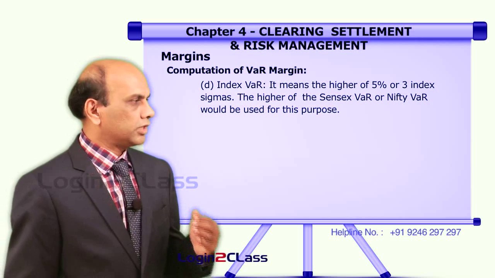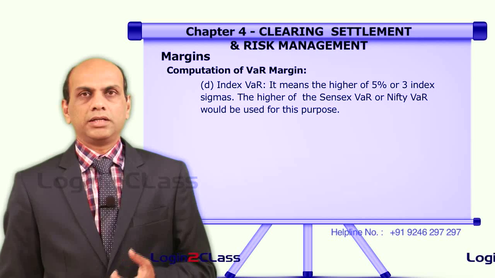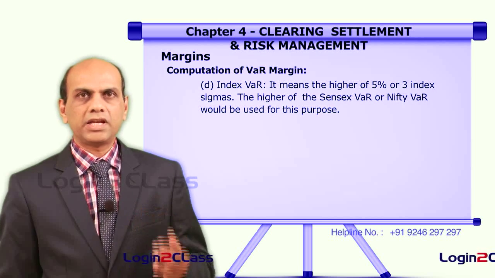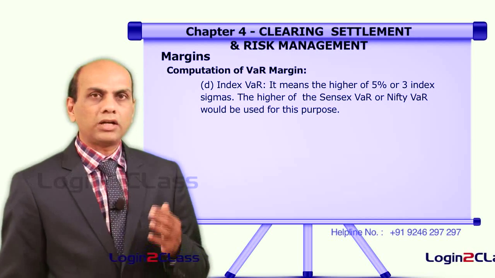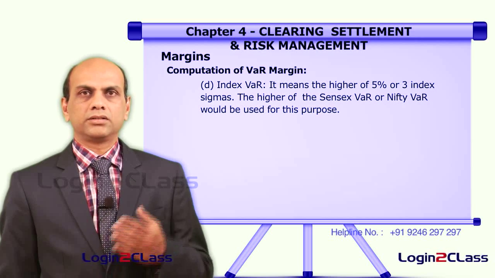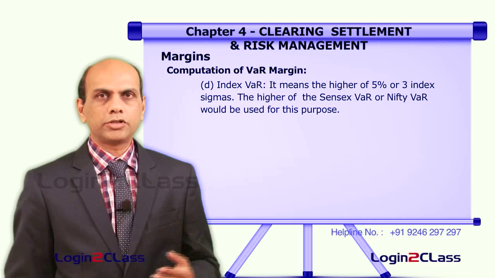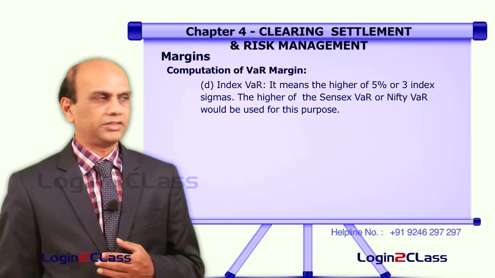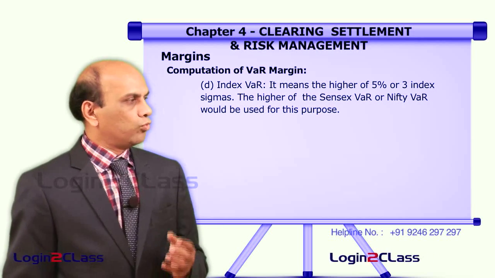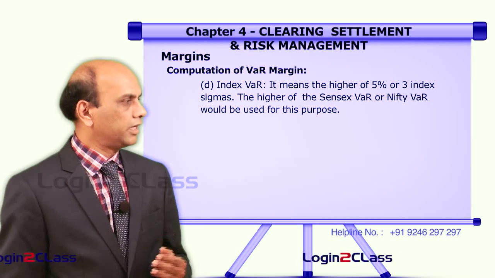Out of these two, whichever index VAR works out to be higher, that will be considered for the purpose of margins that the clients or the trading members have to pay for the purpose of placing orders in such securities. The higher of the Sensex VAR or Nifty VAR would be used for this particular purpose of index VAR calculation.